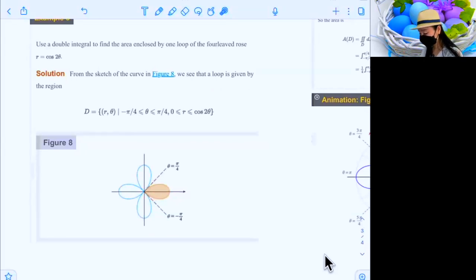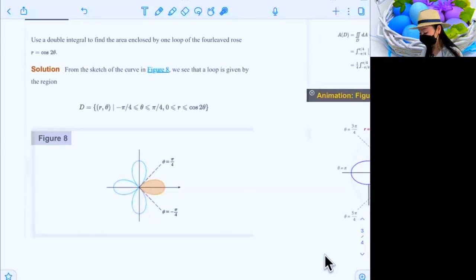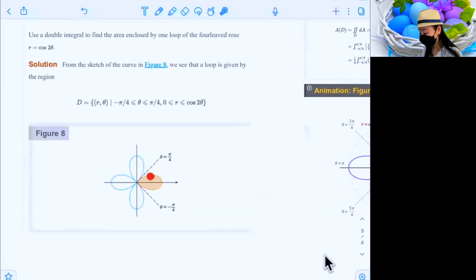In 110B, we actually used just a single integral to find this area. So how do we do this? To find this area, first I need to think about this one loop of the rose. We want to find the corresponding alpha and beta.